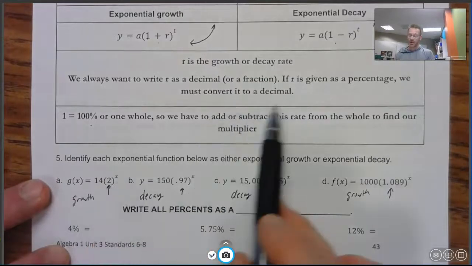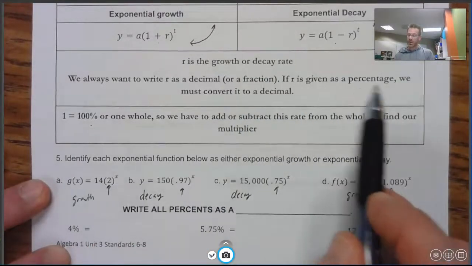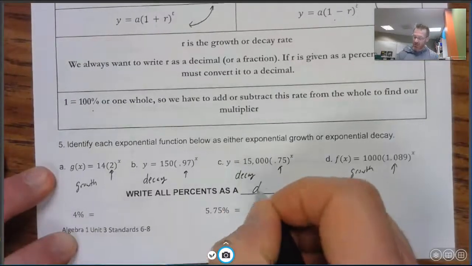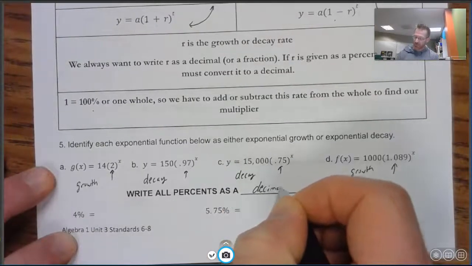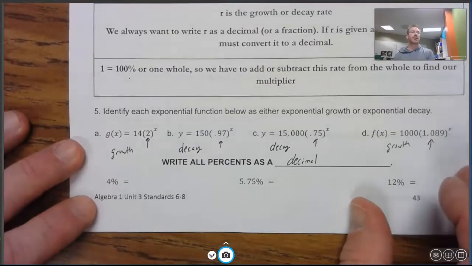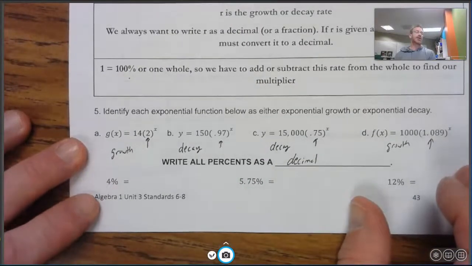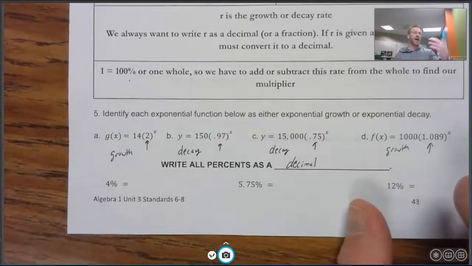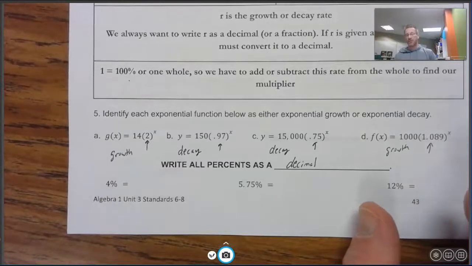Now, here's what we need to do next. It goes back to this: we have to write all percents as decimals. And there are two ways to do that. The first way is understanding that a decimal means deci, which is from 100, so that's telling us out of 100. So take 4%.